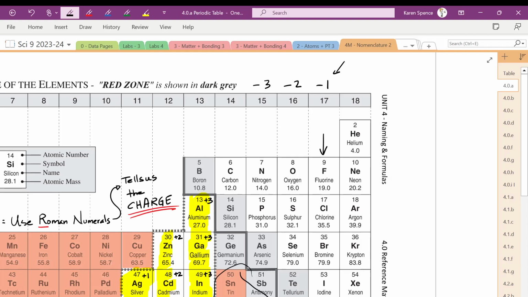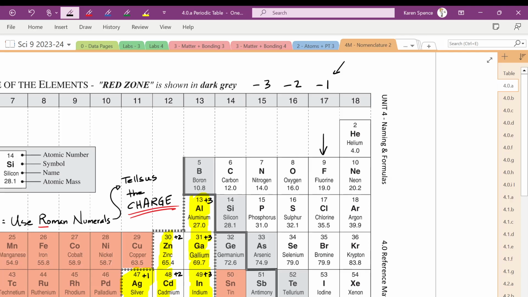Okay, so you can feel free to have those on your periodic table, but if you're feeling up to the challenge, erase them when you are ready. You don't have to ever erase them. You can just leave them there.